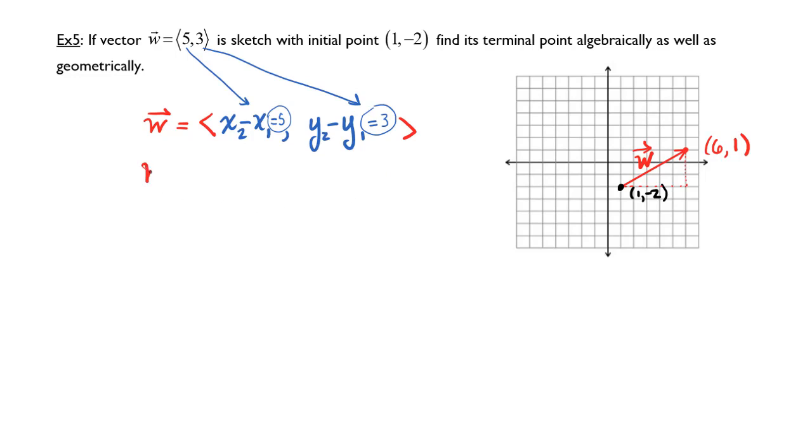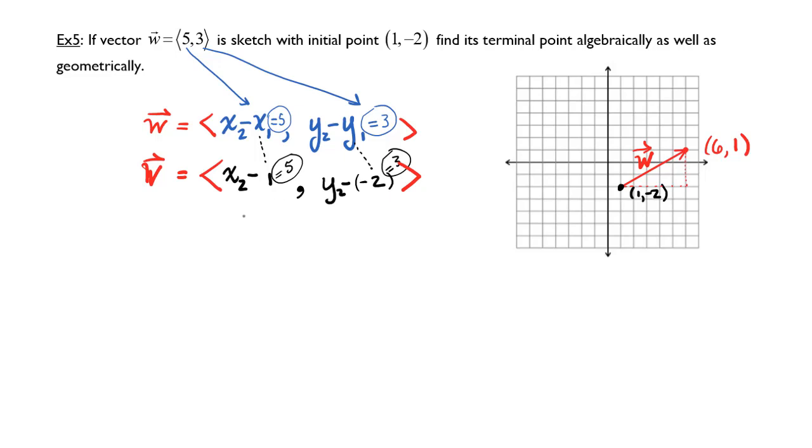So the vector w will have initial point, which is given, as 1 and -2. And I don't know x sub 2 minus 1, and I don't know y sub 2 minus -2, but I can find them if I know that they equal 5 and they equal 3 respectively.